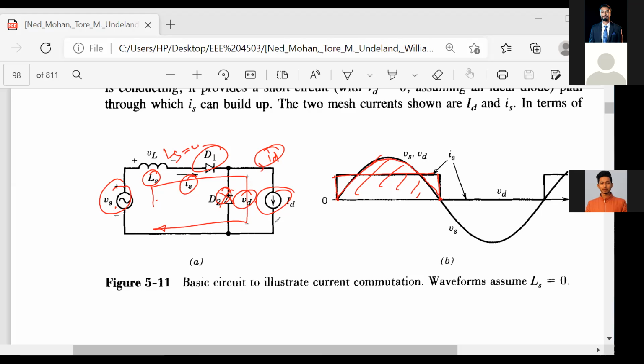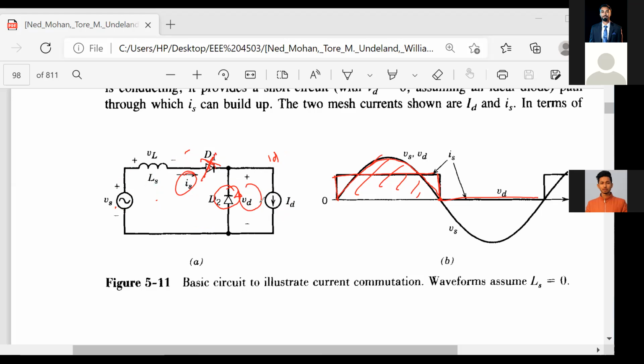And for the negative half cycle, since we have provided a path, this diode will be automatically turned on, and IS current will be 0 because this is turned off. IS current is 0, and the current will flow like this.